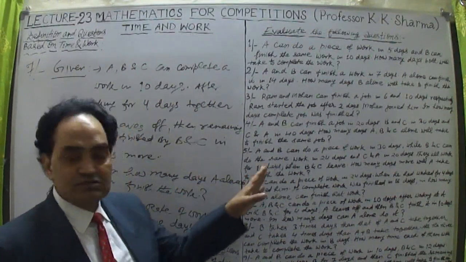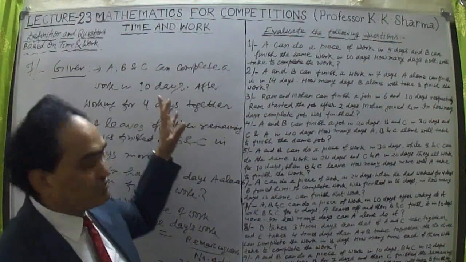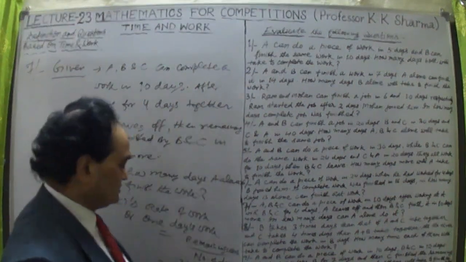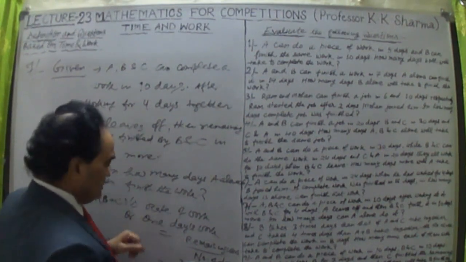And A plus B plus C's rate of work is 1/10, because in 10 days they can complete the work. So 1/10 minus this will give us A's rate.